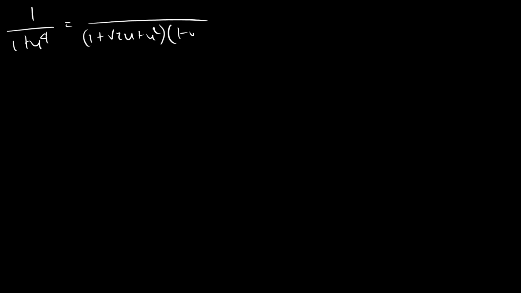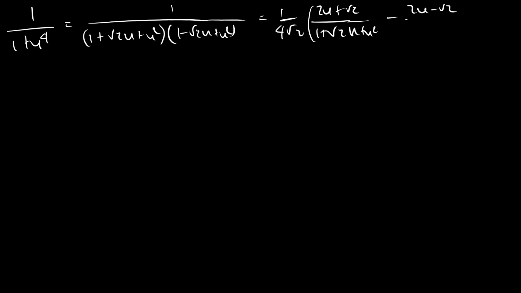So our integrand, 1 over 1 plus u to the 4th, was the same as 1 over (1 plus root 2u plus u squared)(1 minus root 2u plus u squared), which we found to be that 2u plus root 2 over 1 plus root 2u plus u squared minus 2u minus root 2 over 1 minus root 2u plus u squared plus root 2 over 1 plus root 2u plus u squared plus root 2 over 1 minus root 2u plus u squared.